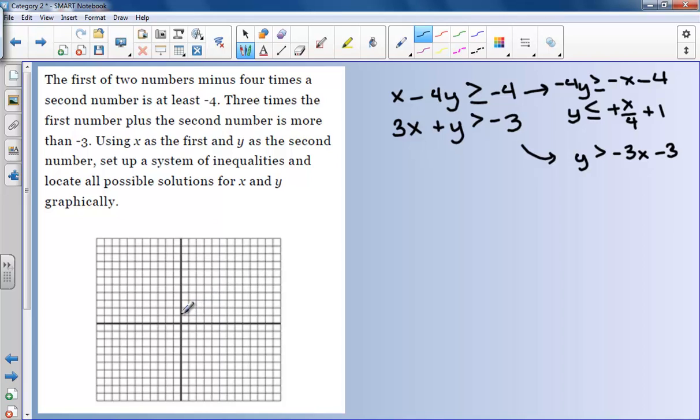Alright, so let's start with this one here. Y-intercept is at positive 1, so we'll put it there. The rise is 1 over 4, so I'm going to rise 1, run 4, rise 1, run 4, and so on, and go back this way. And so this is a solid line because we have the equal bar with it. It's really hard to draw straight on this tablet here.